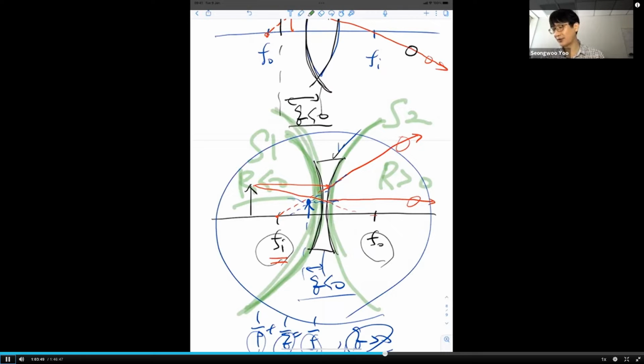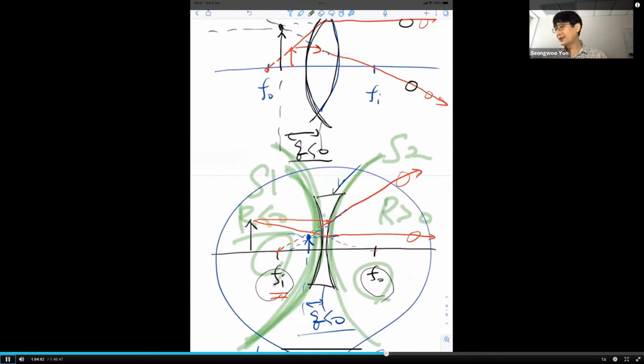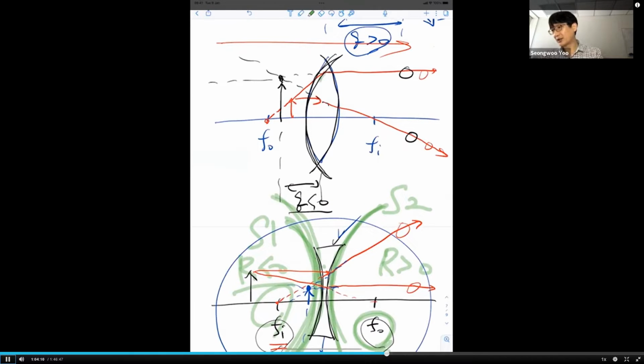This is the first surface, and its focal point is defined here. This is the second surface, and its focal point is defined here. Because we define this focal point for this convex surface, when we move to this converging lens, the convex surface appears here. Therefore, our focal point is on the same side of this surface. Now I will move on to the next question.